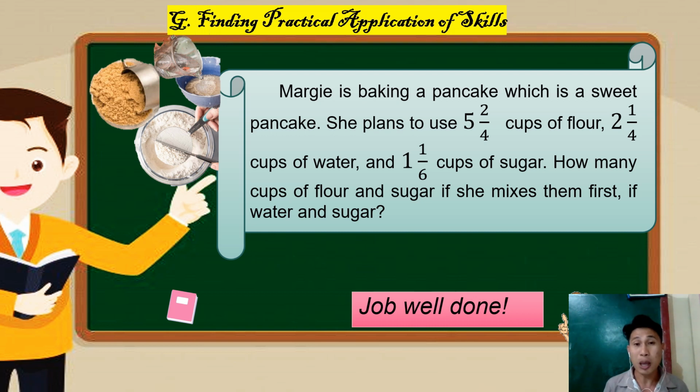So the problem is, Margie is baking a pancake, which is a sweet pancake. She plans to use 5 2/4 cups of flour, 2 1/4 cups of water, and 1 1/6 cups of sugar. How many cups of flour and sugar if she mixes them all? Of course, some of the learners want to mix flour and sugar.